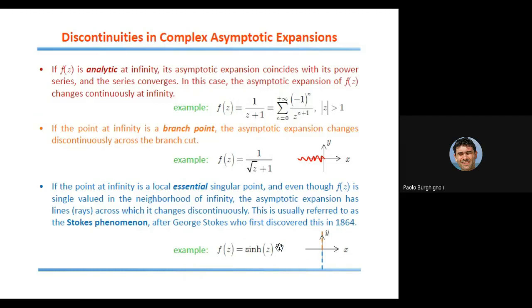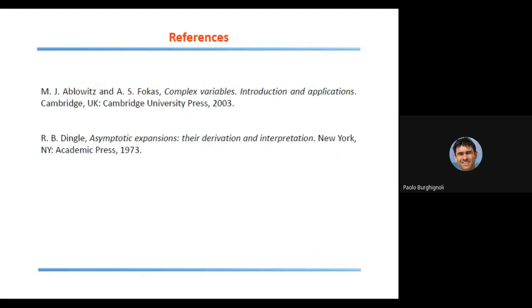Okay, I think that for today I've said everything I wished to say. What I've written in these slides is more or less contained in Ablowitz and Fokas, this book about complex variables, which is more practical than the references I gave you in the previous lessons, and in which there is also a nice chapter about asymptotic expansions.